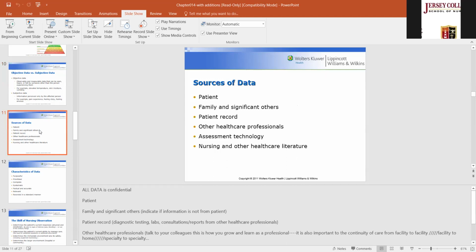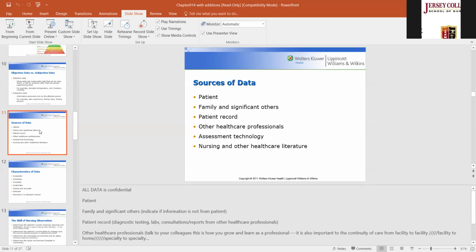Who can give us data? The patient, families, and other caregivers, the patient's record, other healthcare professionals, technology, nursing, and other healthcare literature. So we're going to use that diagnostic testing, the labs, the consult reports, from family, if they're HIPAA-cleared and they're there and they know information and we can't get it from the patient.